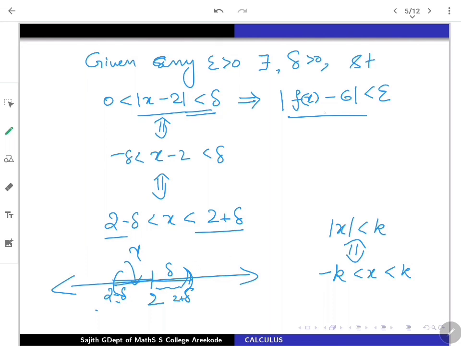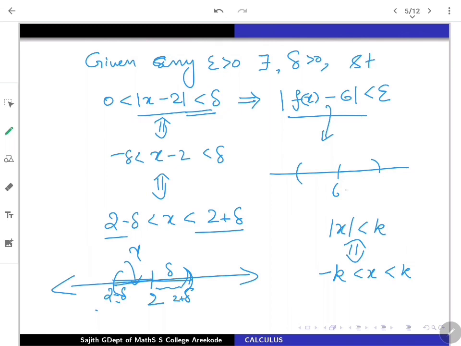Very similarly, if mod f of x minus 6 is less than epsilon, it simply means that you look at 6 on the real line, but it is the vertical side you are going to get in the graph. This is the x-axis side, this is the y-axis side. So around 6, you can select an interval containing 6.